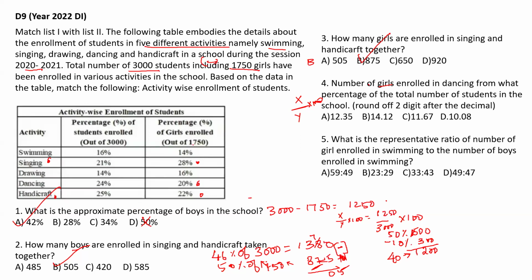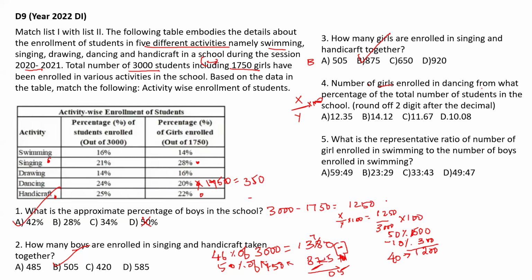So 1750 into 20 percentage. 10 percentage of 1750 is 175, again 175. What would be the answer? 350. So X is 350.